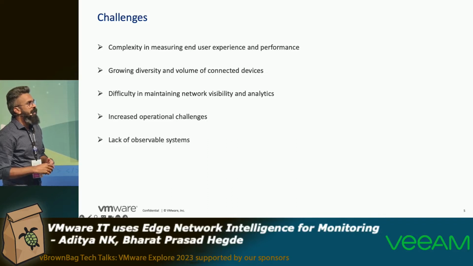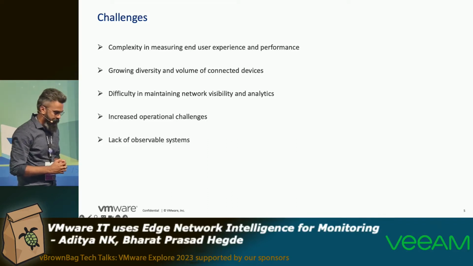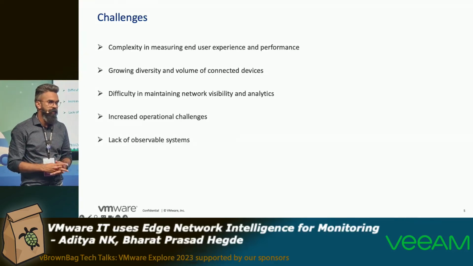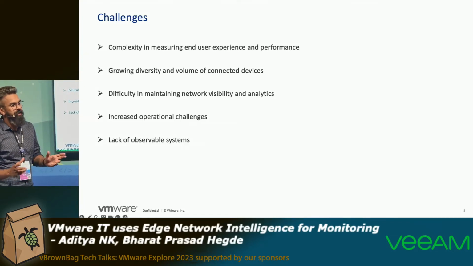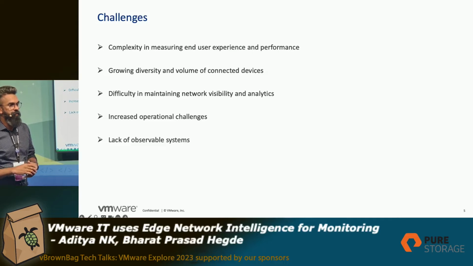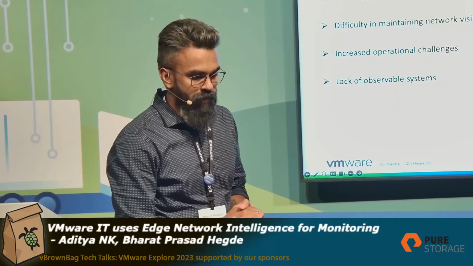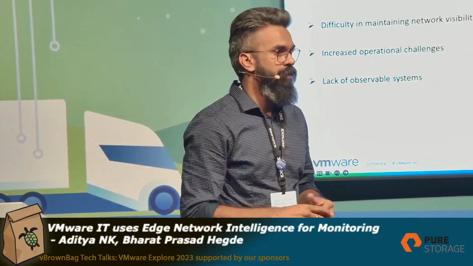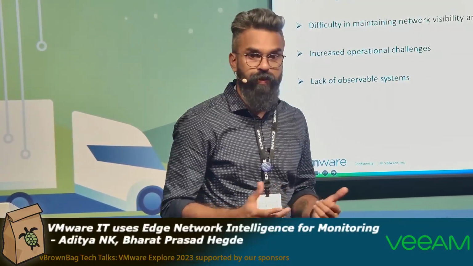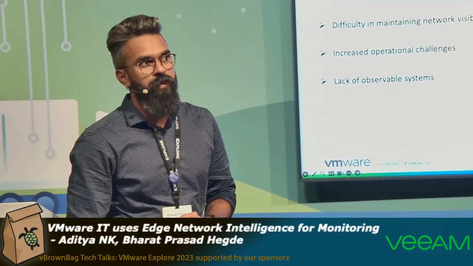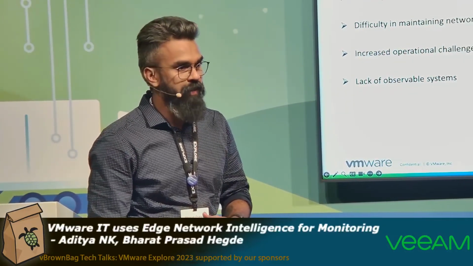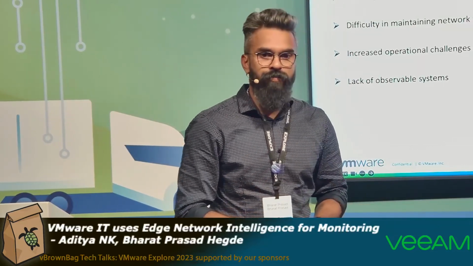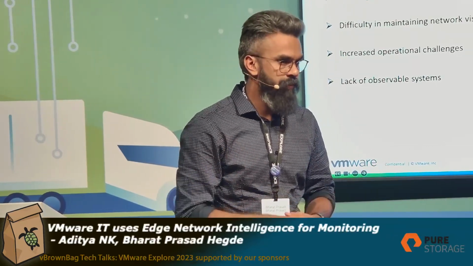So, I still remember during the pandemic, there was a user-reported issue saying that there is a jittery Zoom call and his VPN was getting disconnected every time. And as IT, we took a lot of time to identify the issue, and finally we got to know there was an issue with the Wi-Fi band he was connected on. He was connected on 5 gigahertz, and he was sitting a little far from the Wi-Fi router.